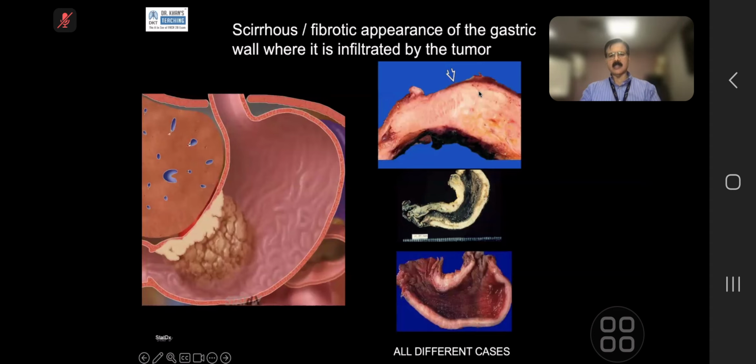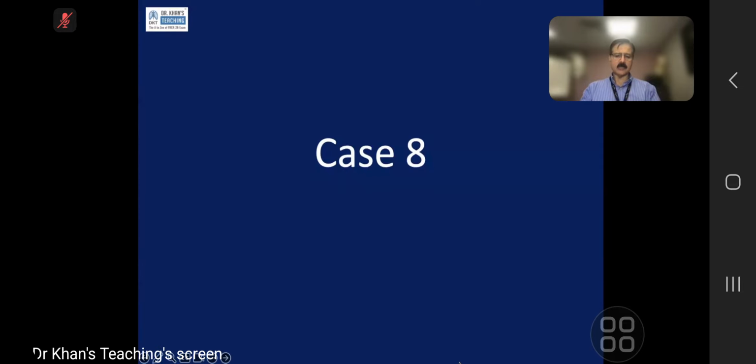And this is how it looks on a gross specimen. And this is how it looks on a barium examination. Basically, you will see loss of rugae, loss of normal mucosal pattern, and loss of distensibility. Loss of distensibility is a key finding on a barium examination.